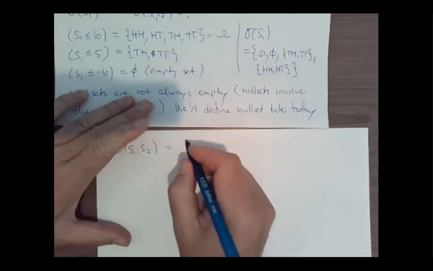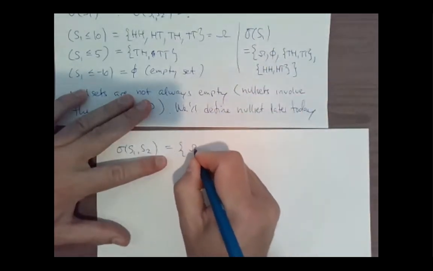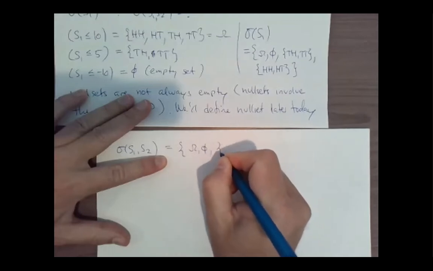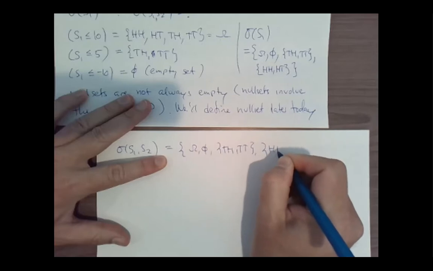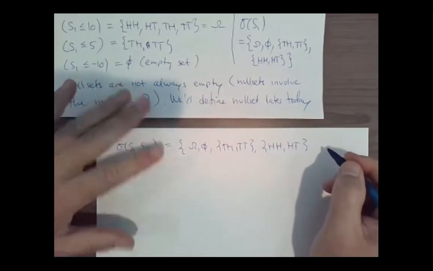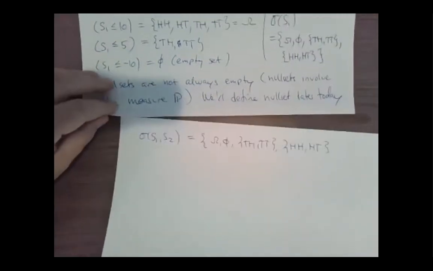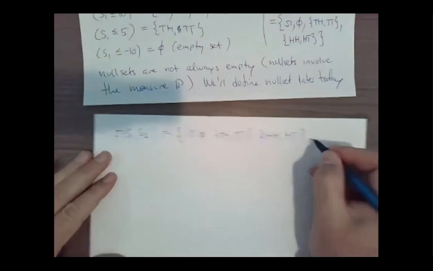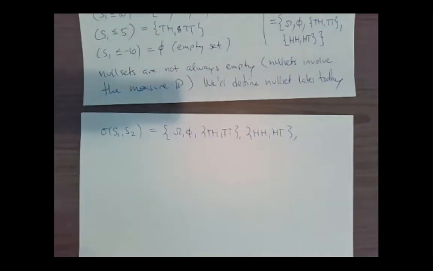So at least I need to put all that, whatever I have here has to go in there. So this will be omega, empty set, TH, TT, H, H, HT. But there's probably going to be more stuff in here, and I need to figure out what more stuff I have to put in there.